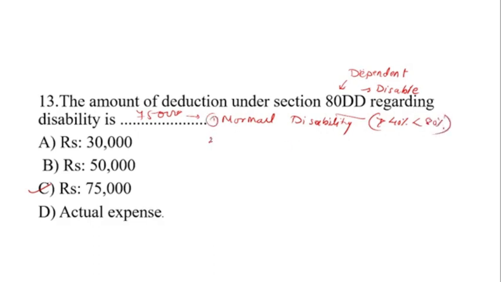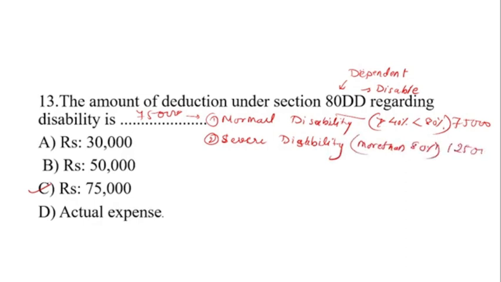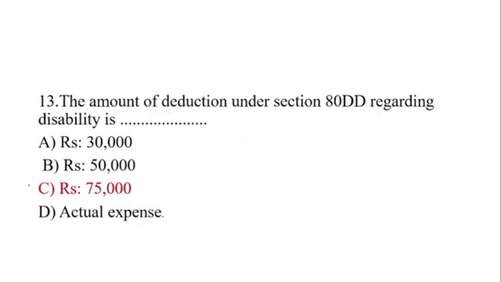This is the first condition: he will get 75,000 as a deduction amount. In case of severe disability, that is more than 80%, he will get 1,25,000 as a deduction amount. Okay, then here is the right answer.